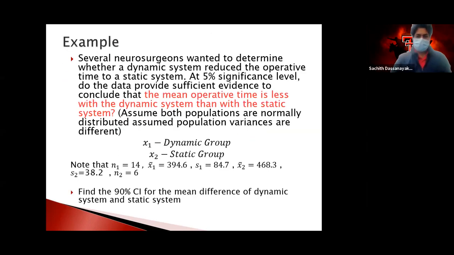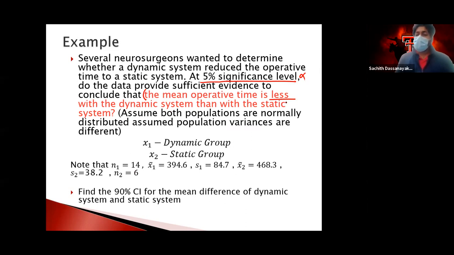Yes, I think I have to do this one. In this example, they have given the significance level, which means alpha. What is their claim? The claim is the mean operative time is less with the dynamic system than with the static system.